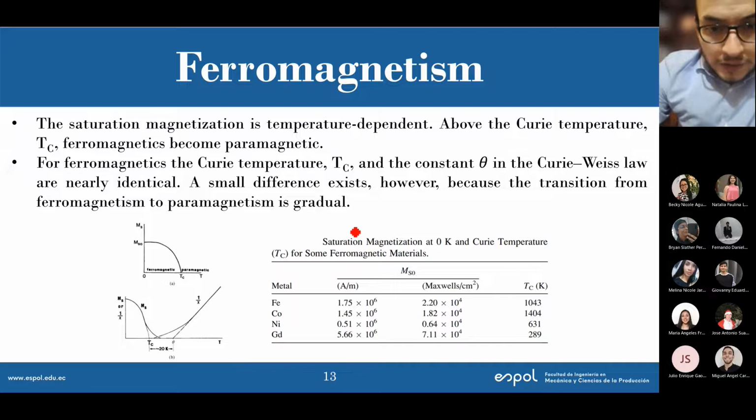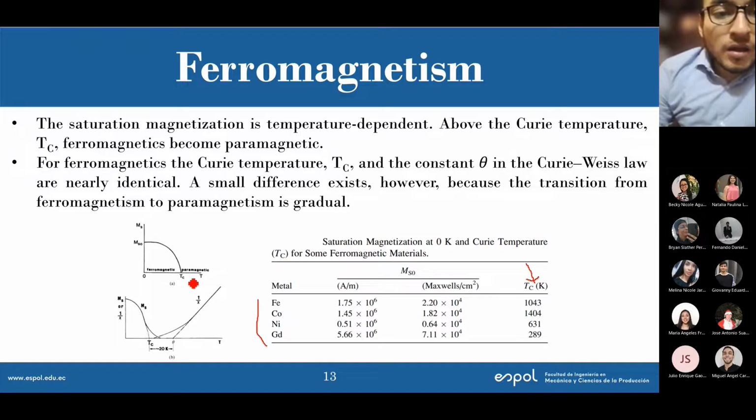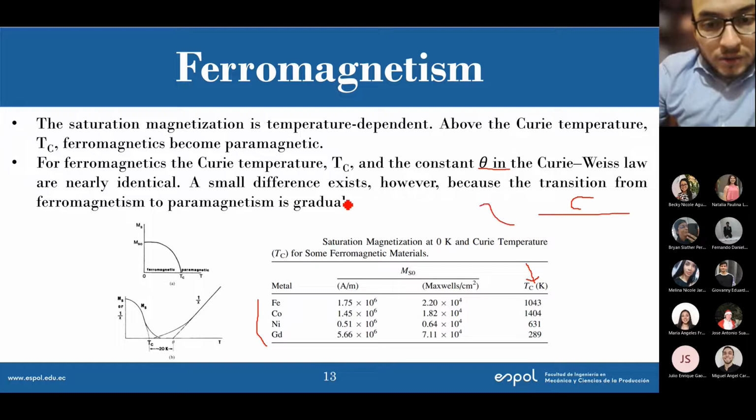Okay, here you can see the Curie temperature for a few metals. And in ferromagnets, the Curie temperature and the constant theta, remember I said is also a temperature constant, in the Curie-Weiss law, remember that law? Susceptibility equals the Curie constant divided by temperature minus the constant theta.